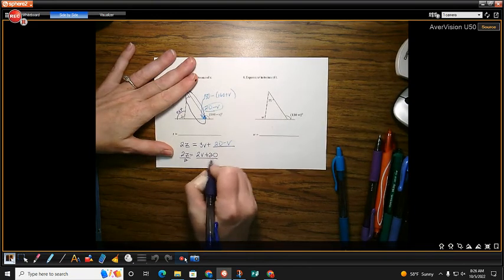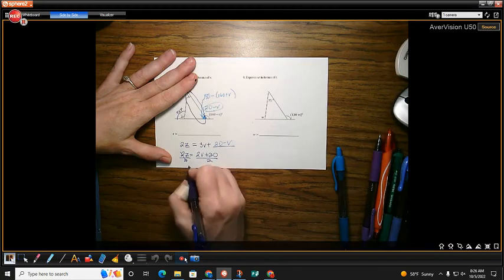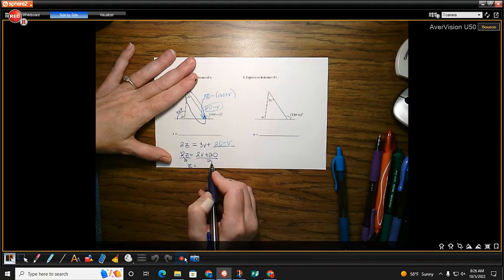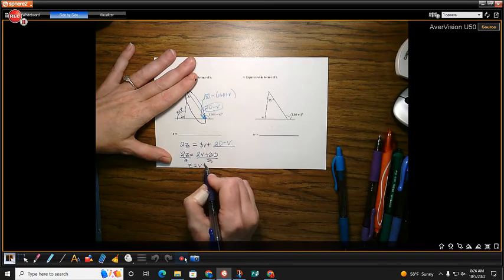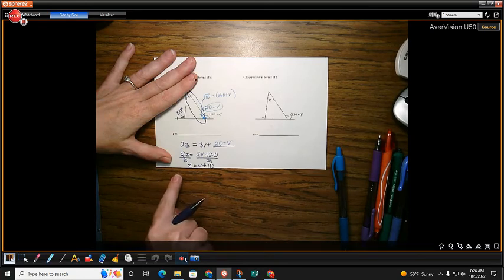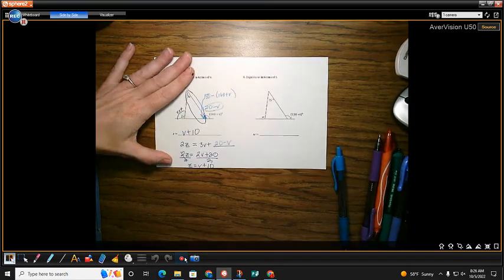Divide everything by 2. If you do it to one side, you do it to the other. So z equals, what's 2v divided by 2? V. What's 20 divided by 2? 10. So now I have z in terms of v: z equals v plus 10.